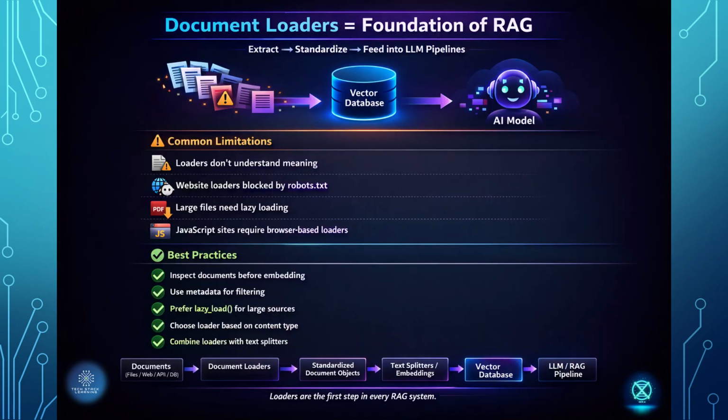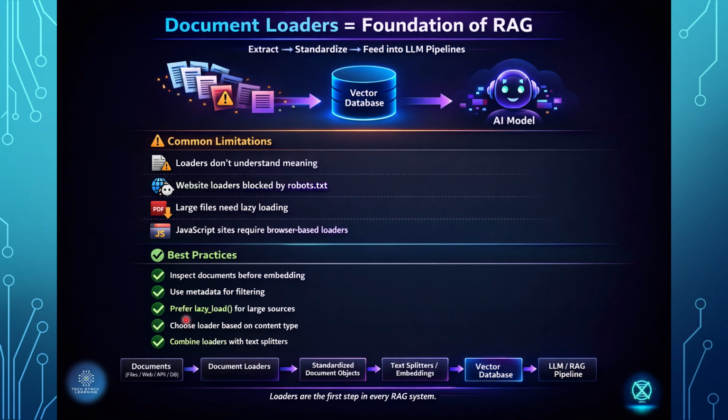Overall, these document loaders also have some limitations. They only extract the text without understanding meaning. Website loaders can be blocked by robots.txt. Large files need lazy loading, and JavaScript-heavy sites need browser-based loading.